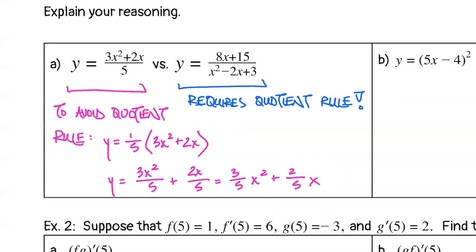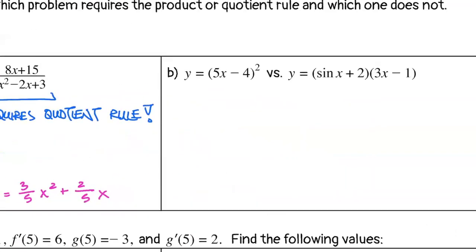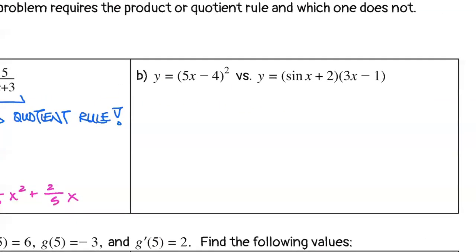So let's ask ourselves the same question for part B. Okay, so we've got 5x minus 4 in parentheses squared, and then separately, we have a different function, y equals sine x plus 2 in parentheses times the quantity 3x minus 1. And so my question to you is, which one of those do we need to use product rule for? And which one of those can we avoid using product rule?